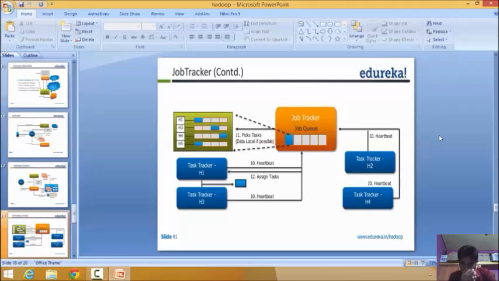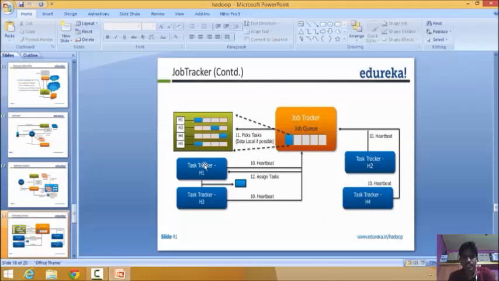Here we have the job tracker. How does the job tracker know that a task tracker is idle, alive, and can be assigned a job? How?